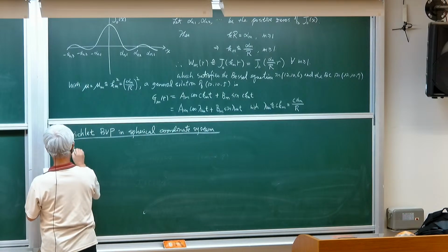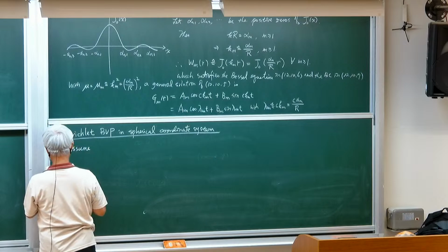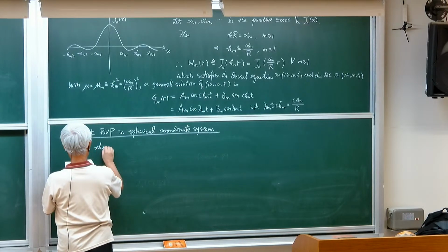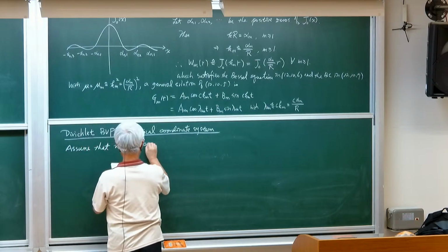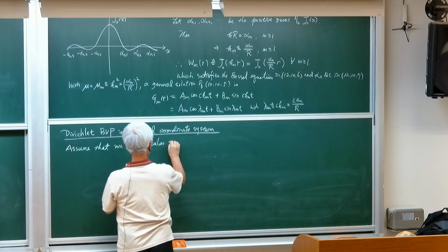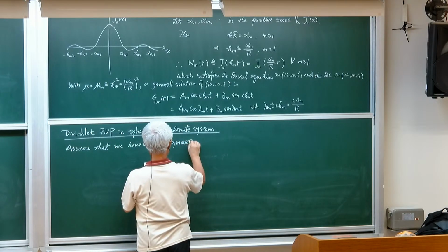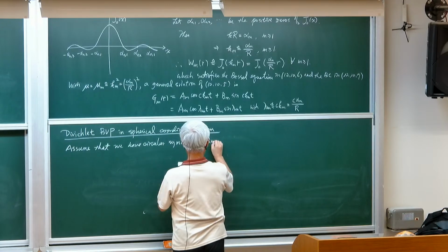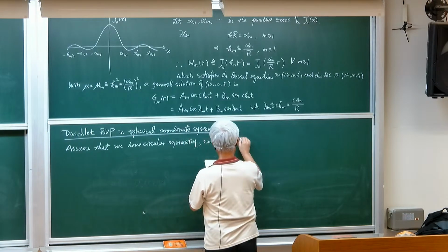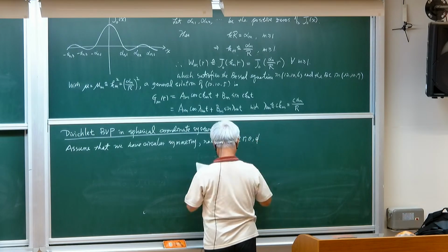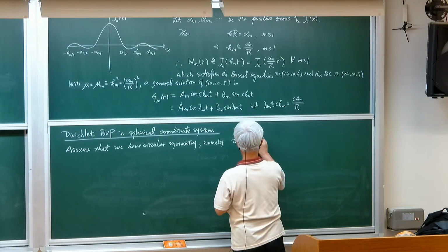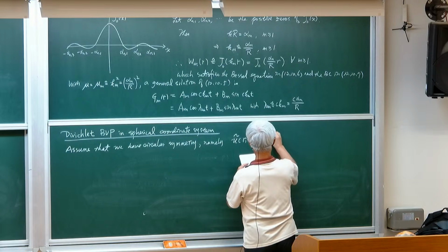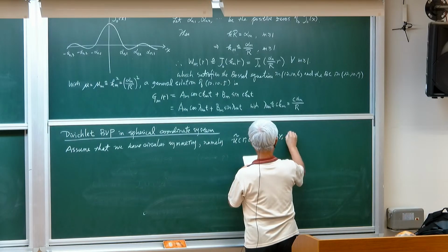We assume that we have circular symmetry, namely that u of r, theta, phi is equal to u tilde of r, phi.